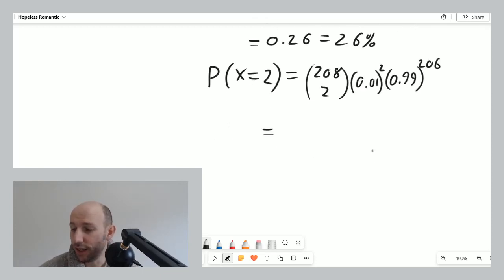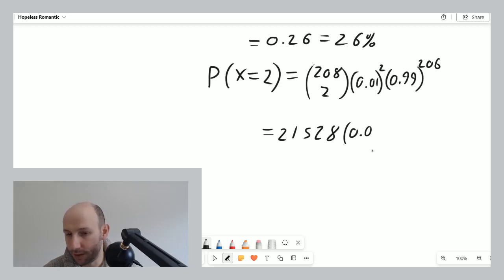Well, 208 choose 2, that turns out to be a huge number, 21,528. 0.01 to the power of 2 is 0.0001, and 0.99 to the power of 206 is 0.1261.